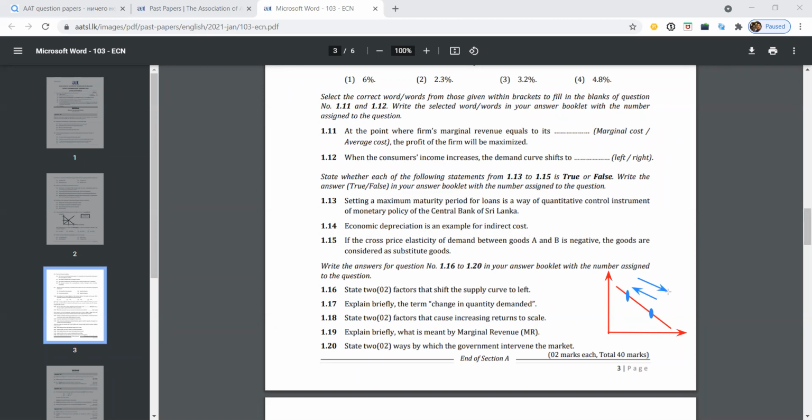Also, a downward movement occurs due to the reduction in the price, which is called extension in quantity demanded.